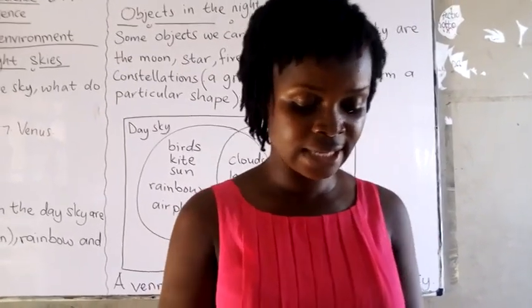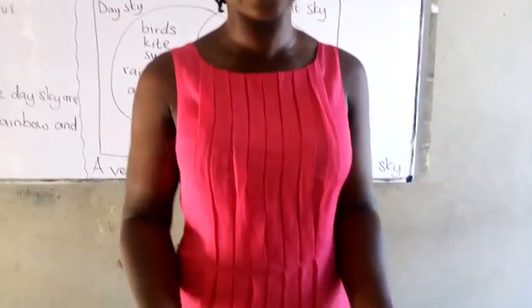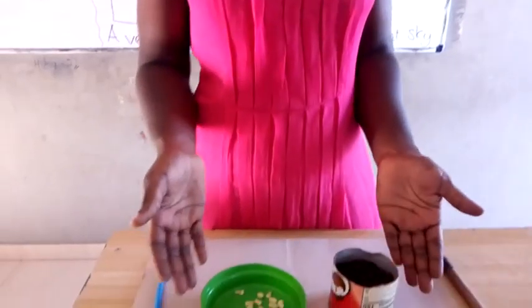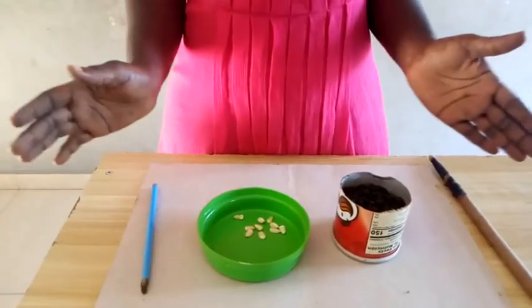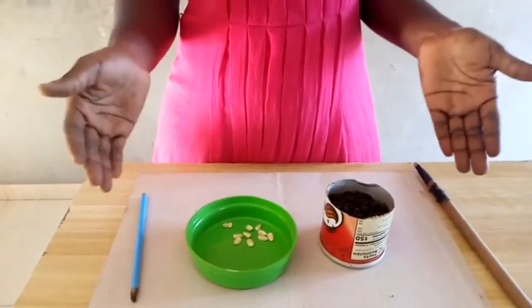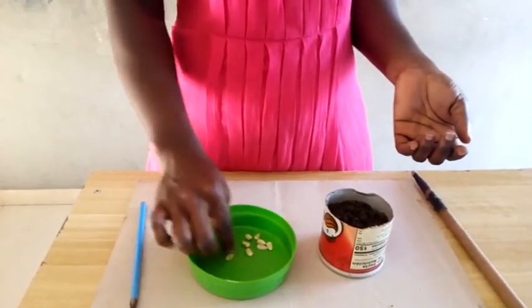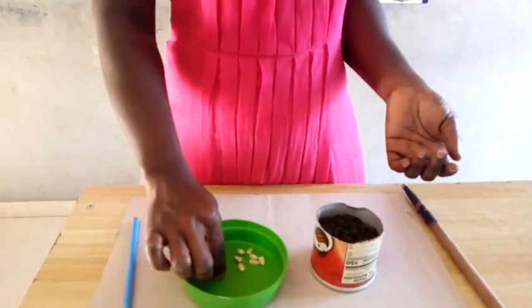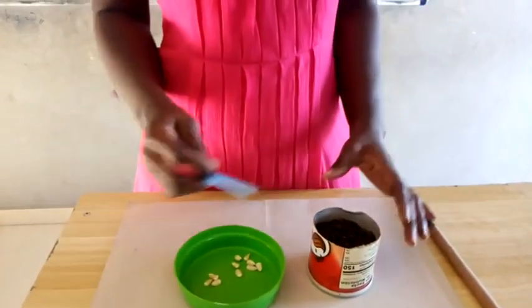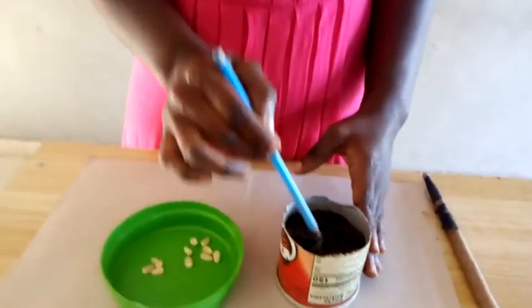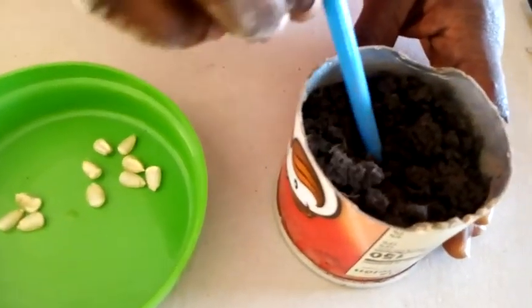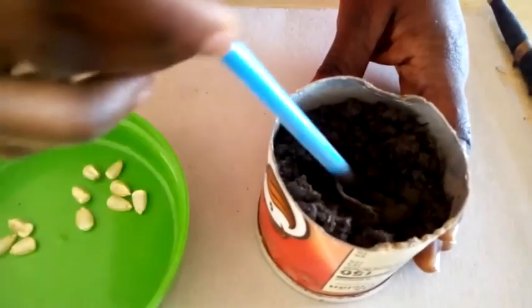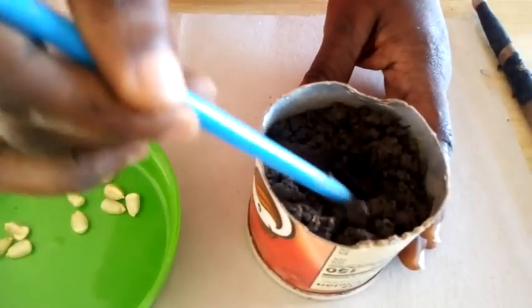This is how the life cycle of maize comes about. According to study, the best way of sowing maize is by sowing with 3 grains. We start by digging a hole in the loamy soil, not too deep, with any simple tool.